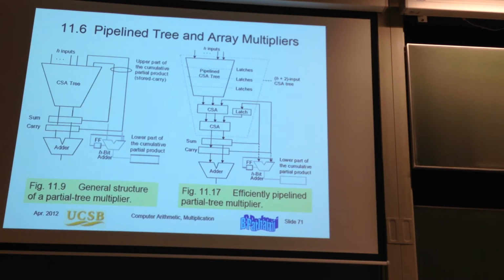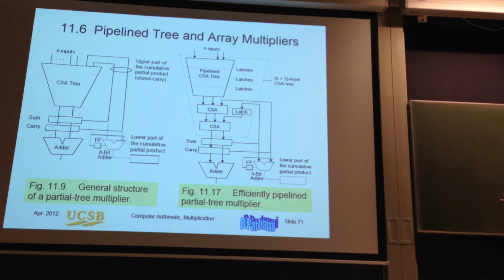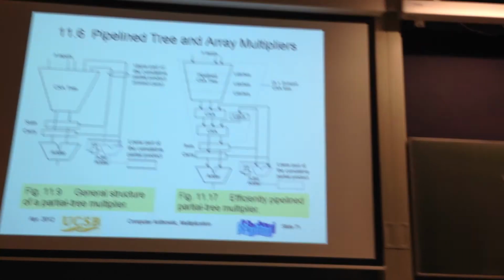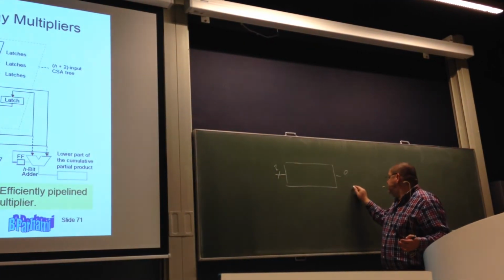Then probably it's good to repeat that. If you have a functional unit, which is this, then you have some inputs and you compute some outputs. This will take a certain latency. Let's call this delta.